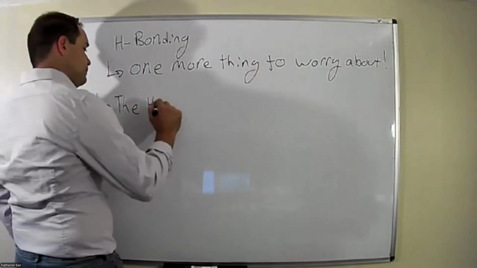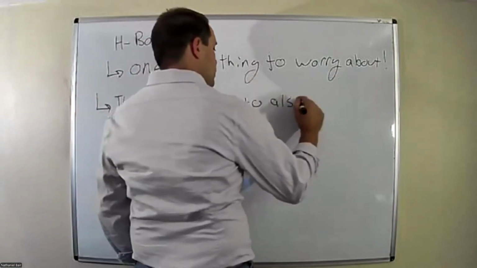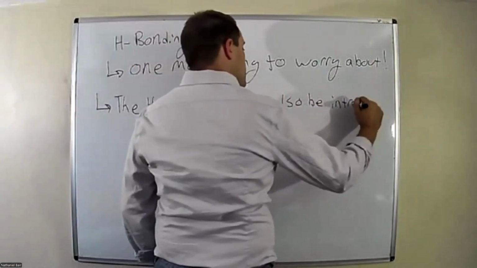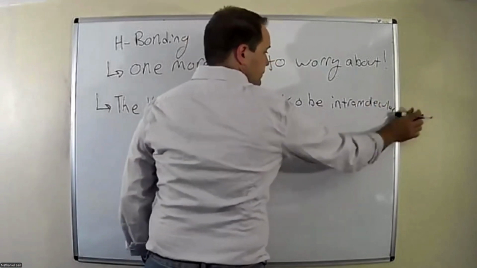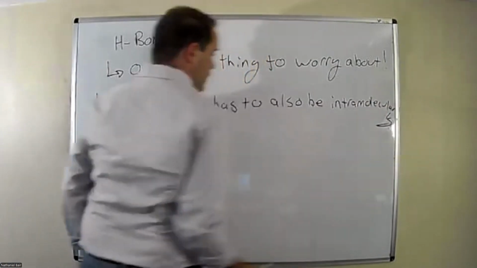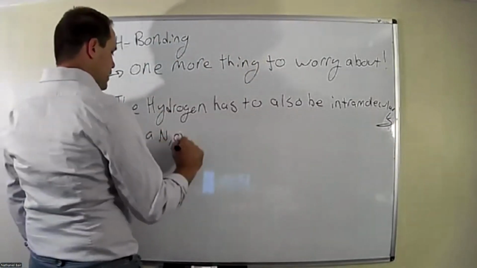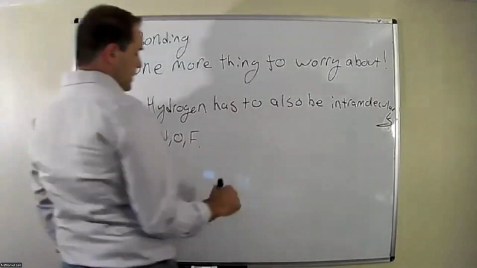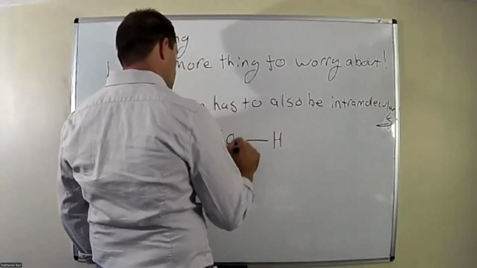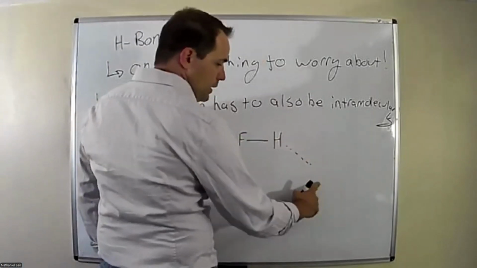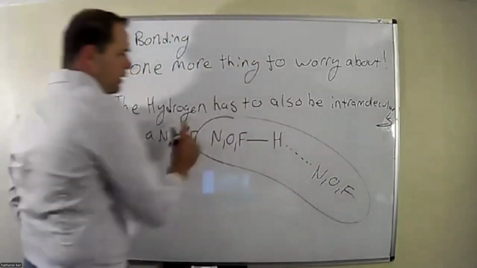The hydrogen has to also be intramolecularly bound to a nitrogen, oxygen, or fluorine. To be more specific, it's got to look like this. The hydrogen has to be intramolecularly bound to nitrogen, oxygen, or fluorine, and it has to be intermolecularly interacting with a nitrogen, oxygen, or fluorine. Draw this, and then we'll talk.